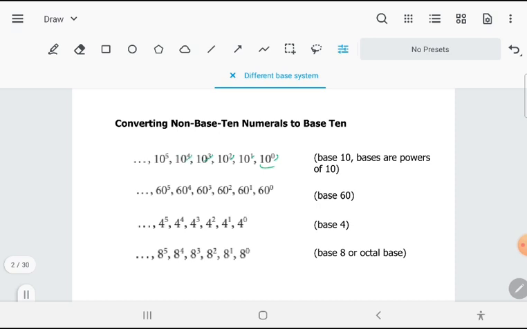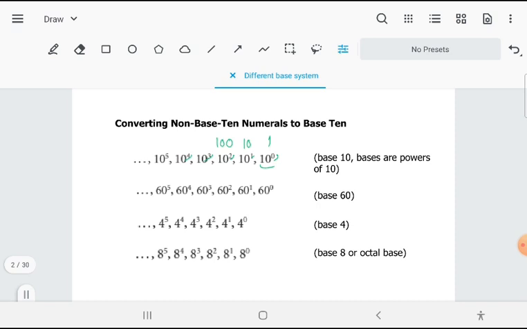If we evaluate these powers, 10 raised to 0 is 1, any number raised to 0 is 1. 10 raised to 1 is 10. 10 raised to 2, or 10 squared, is 100. We will be able to reveal the place value system.